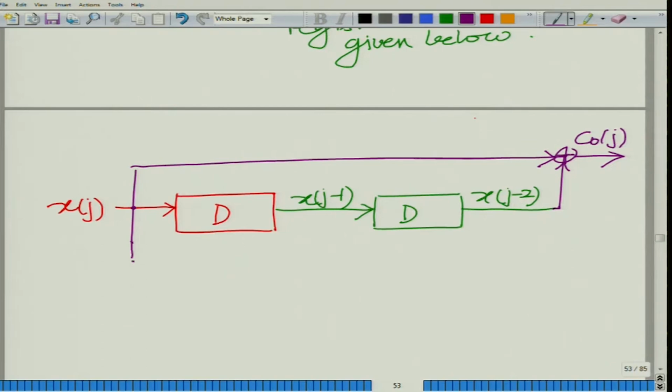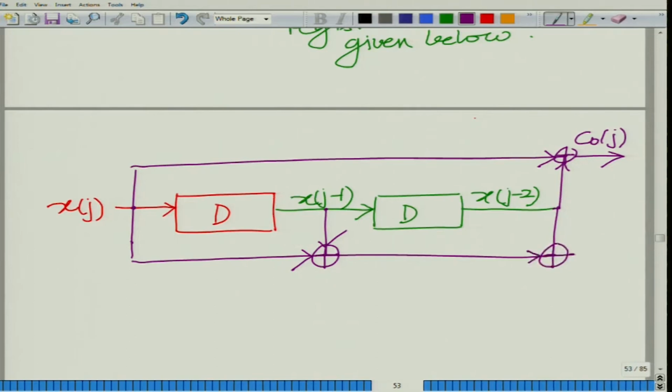I take x of j, add x of j minus 1, and I also add to this x of j minus 2.